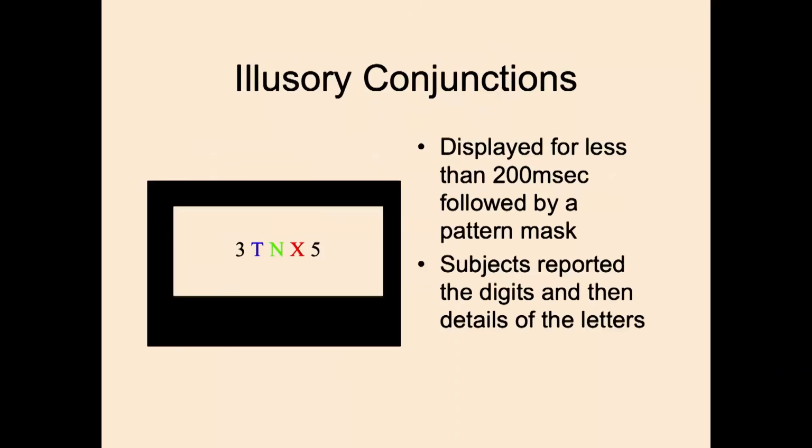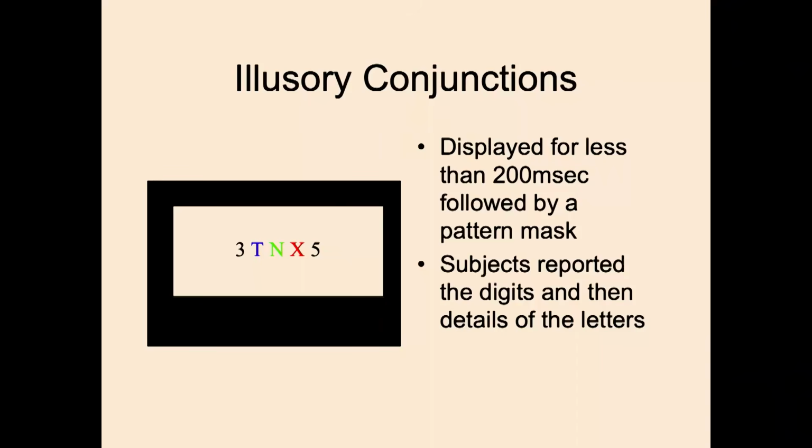And one of the pieces of evidence for this notion came from the finding of illusory conjunctions, where if you, in part, divert attention, in this case out to the periphery, by asking people to pay attention to the numbers and then query them on the stuff in the middle, people will often make conjunction errors. So they'll miscombine the color and the letter. So they won't see some color that's not there.